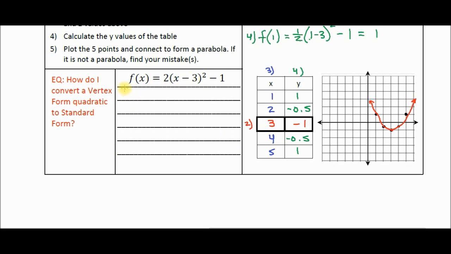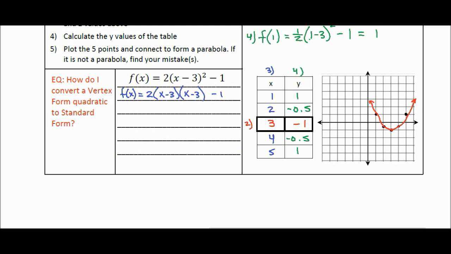So we're going to write f of x is equal to 2 times x minus 3. There's the first copy. There is our second copy. And then we just subtract 1. So the exponent here just means write the binomial x minus 3 twice. And now the exponent is gone because we've already done what it asked us to do.